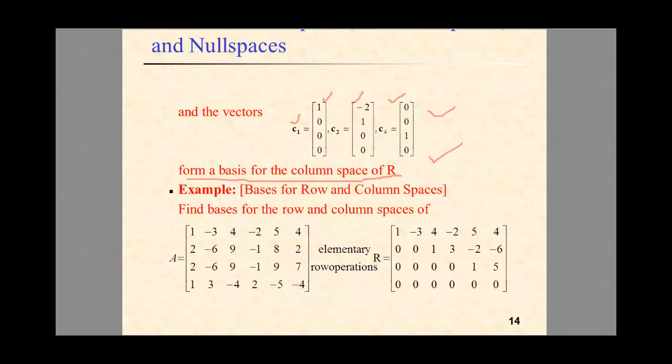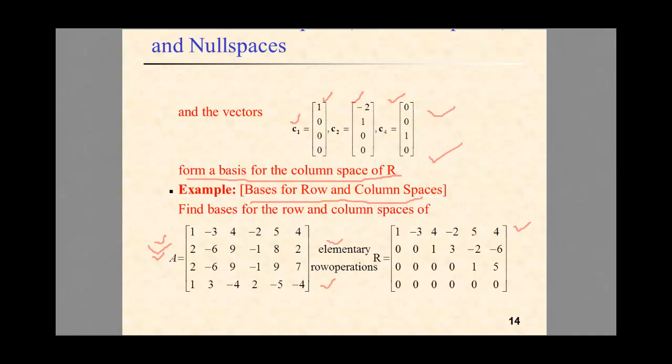So let's see some other examples. Find the basis for the row and column spaces. A question is given, A is equal to something, and now we have to find the basis. As you know, first we convert this matrix into row echelon form by applying elementary row operations. This is the matrix in row echelon form.